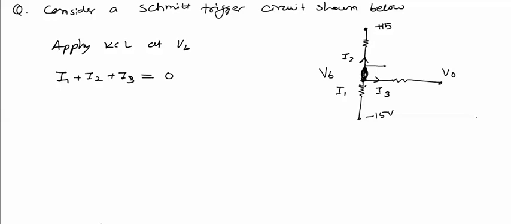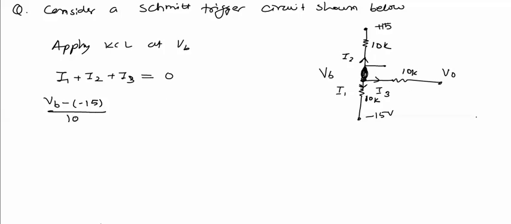Now for this current I1, we'll write the expression. It will be VB minus of minus 15 divided by this resistance. These three resistances are of 10 kilo ohms. I forgot to write it in the problem.